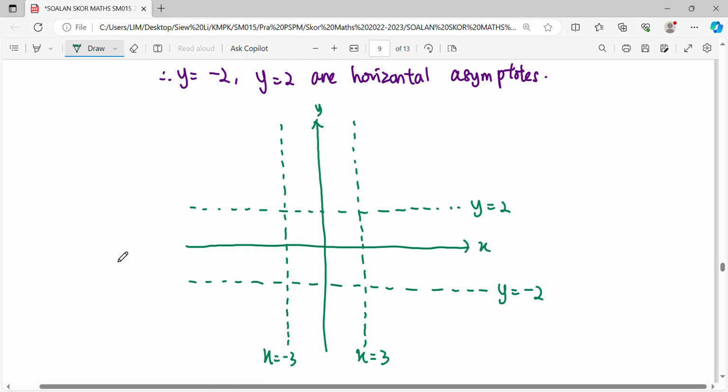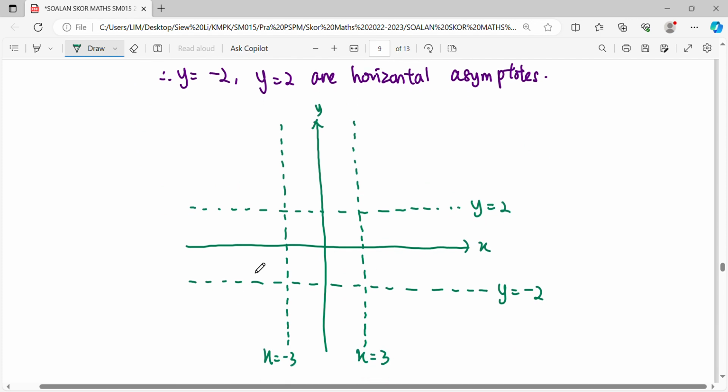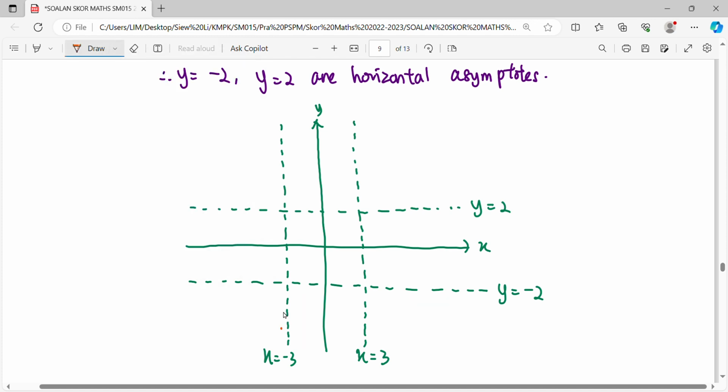So we read our vertical asymptote: as the limit approaches -3 from the left-hand side, we get -infinity. When the function comes near to -3 from the left-hand side, it approaches -infinity, which means the graph is going down here.